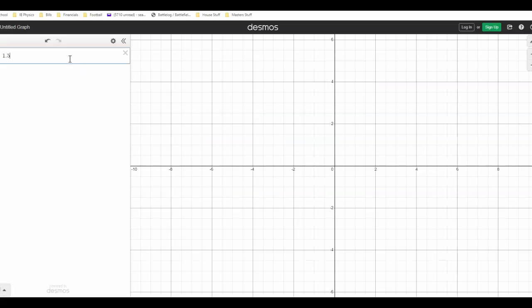That would be 1.55, and then you would do times 10 to the power 2. Just like that. The way you get that superscript is you do Shift 6, and that gives you that exponent. So 1.55 times 10 to the power 2 is 155.